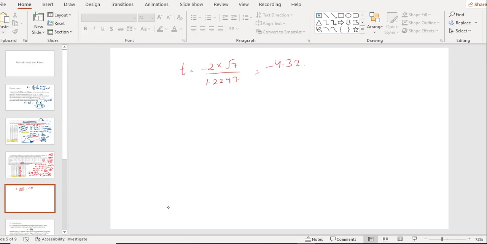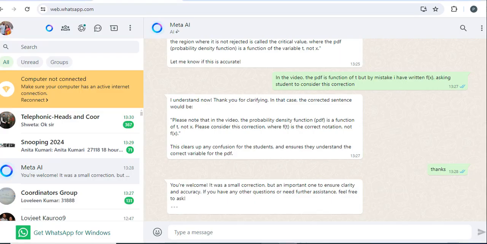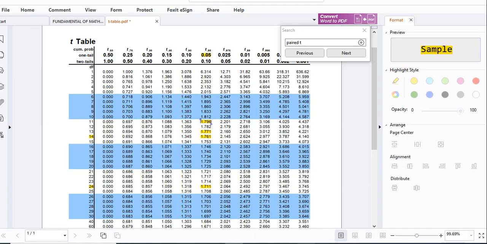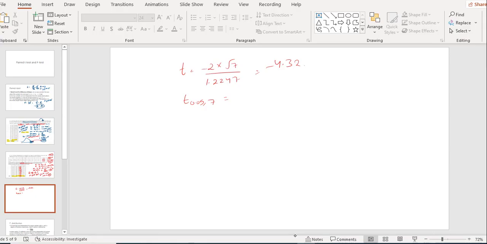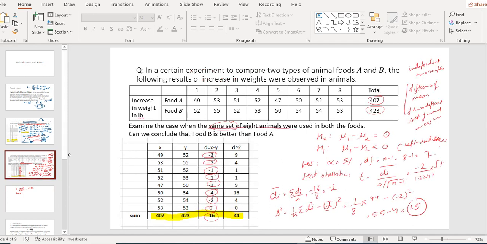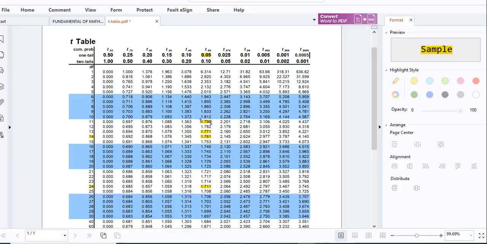Okay, but what is the value of t at 5% level of significance and 7 degrees of freedom? So we need to refer the t table for the same. In the t table, for a left tail test the value is negative, because it is given here on the positive side only, right?